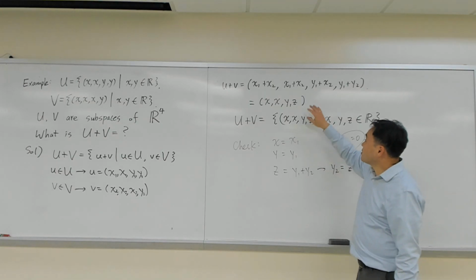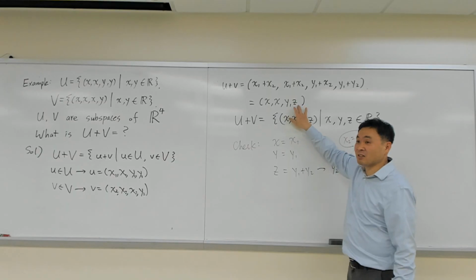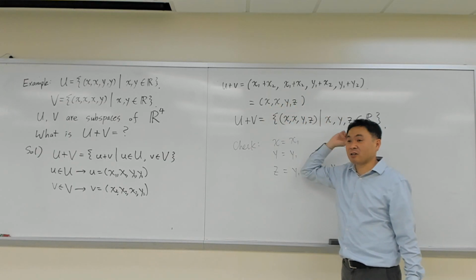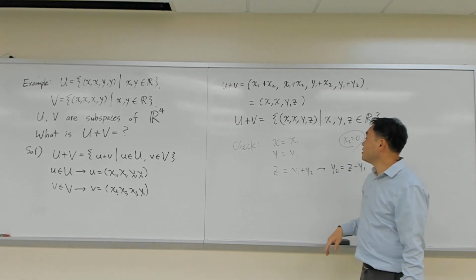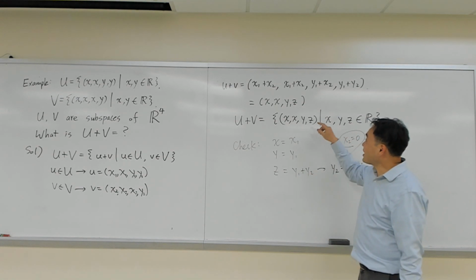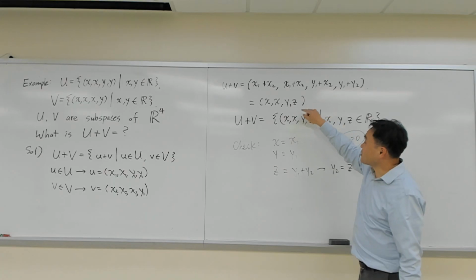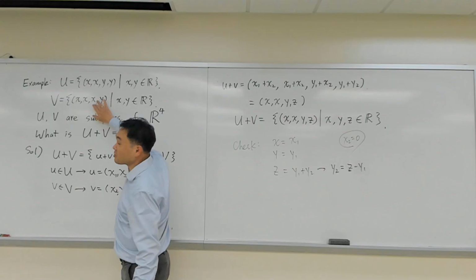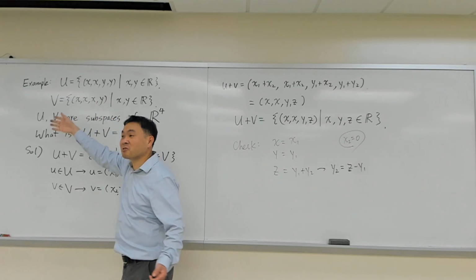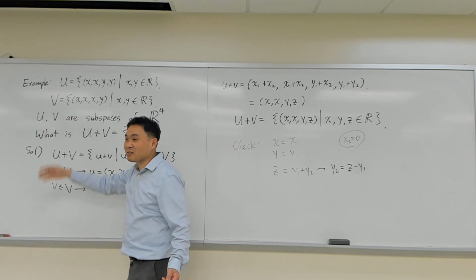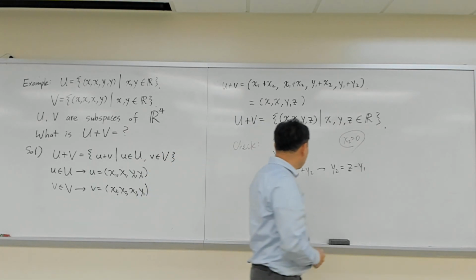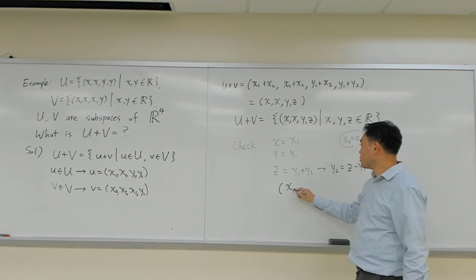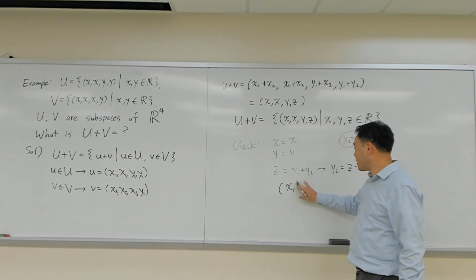So the argument goes, it becomes a little confusing, but hear me out. Let's say somebody gives you (x, x, y, z), any four numbers where the first two are the same. Then you can say, I can make that work as a sum of something from here and something from here. And the other person asks, really? How can you do that? Then your answer is, well, I'm going to have one guy be (x, x, y, y).